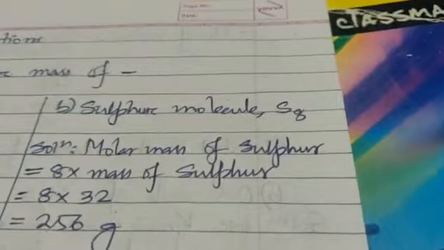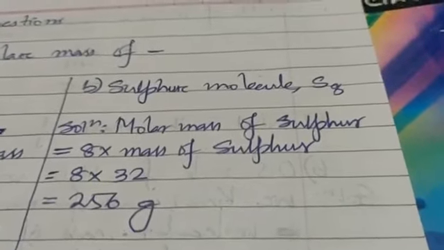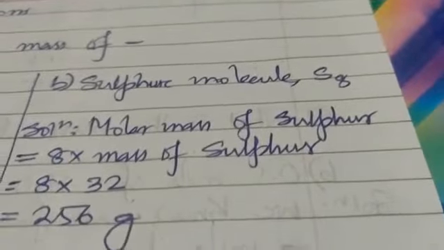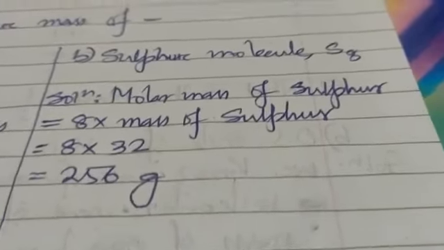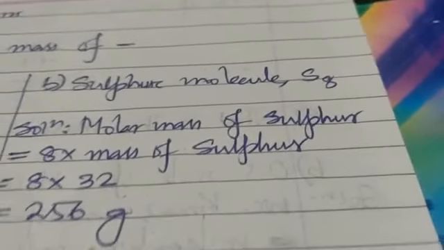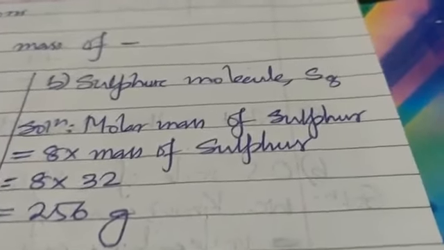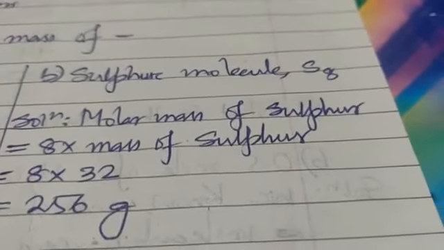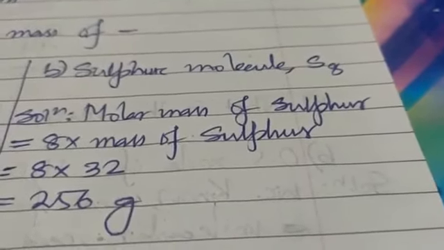Okay, similarly for sulfur molecule also we have to calculate molar mass. Now how to calculate this? So molar mass of sulfur equal to, in that formula S8, you see how many sulfur are there? 8, isn't it? So 8 into mass of sulfur. What is the mass of sulfur?